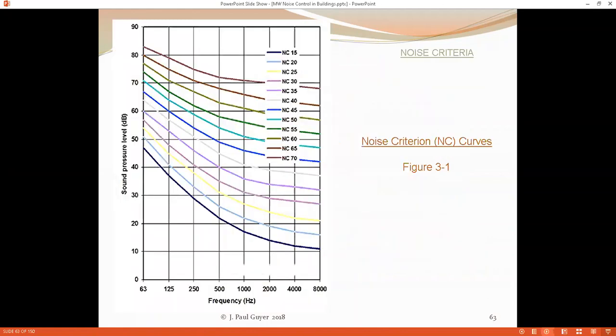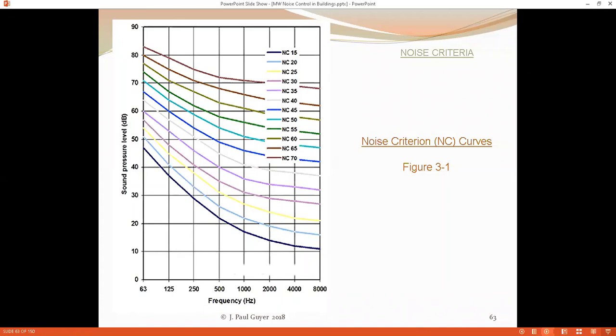And so these, what are called the NC curves, have been defined and used over many years and they look like this. They're defined in some ASTM standard. And these curves range from what's called NC15 up to NC70.